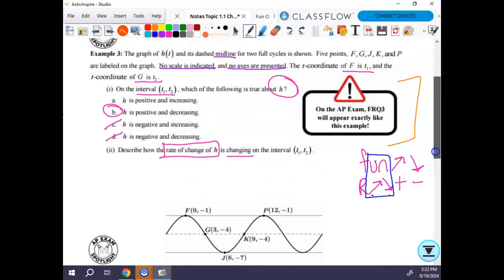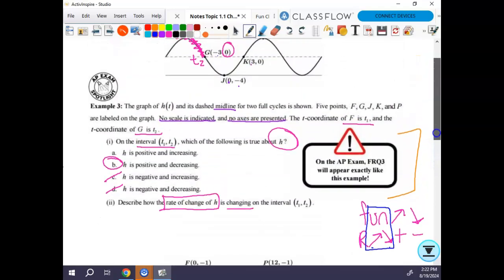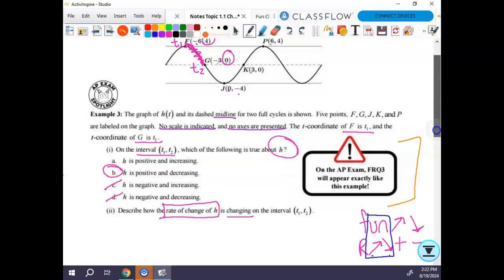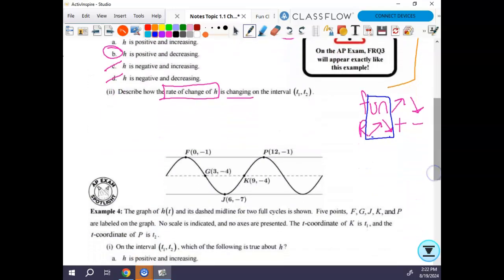So on that interval from T1 to T2, is the function concave up or down? Down. Okay, so if the function is concave down, the rate of change is decreasing. It is negative, because the rate of change is negative because the function's decreasing, but that's not what they're asking me right now, okay?